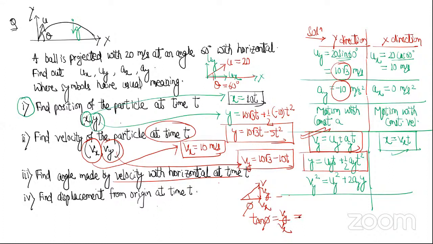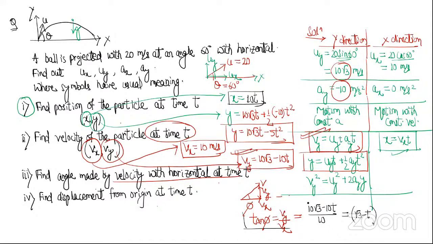Vy we have already found, and vx we have already found. In question number 2, we have found vy and vx. Now the question is to find phi. So just use vy by vx. So this is 10 root 3 minus 10t by 10. So this is root 3 minus t. This is tan phi.